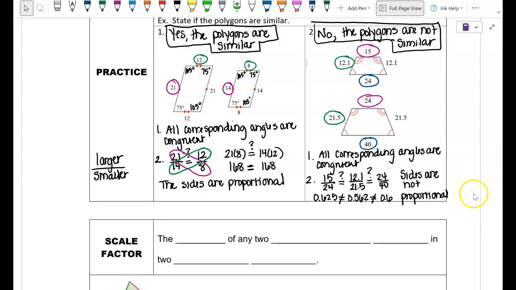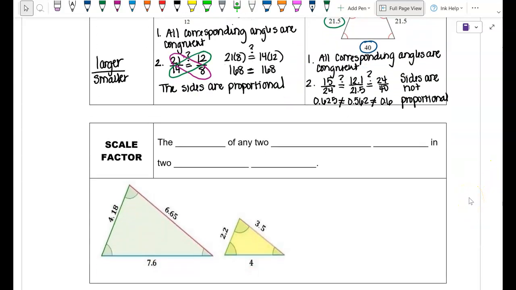Now, the next idea that also comes up in this section is the idea of scale factor. Now, we used scale factor when we were doing our dilations earlier in the unit. But what is scale factor?